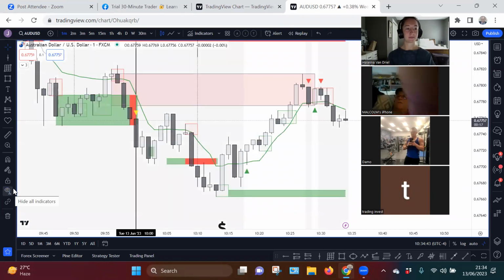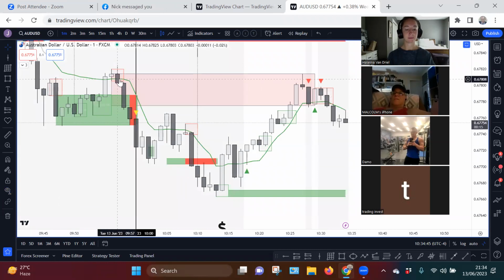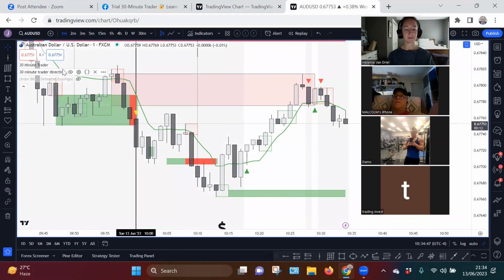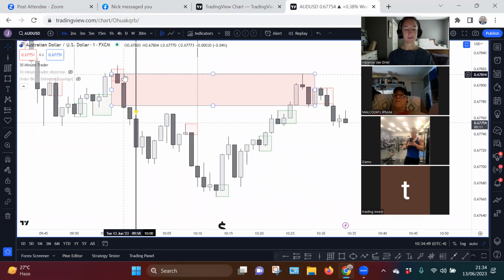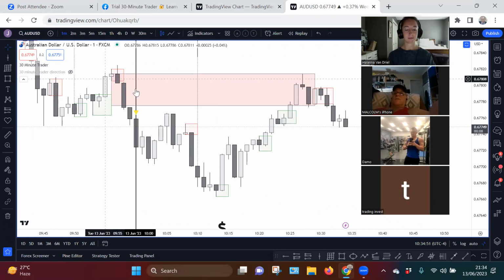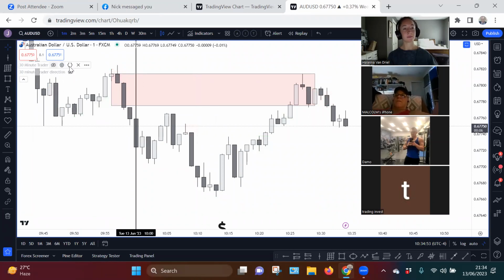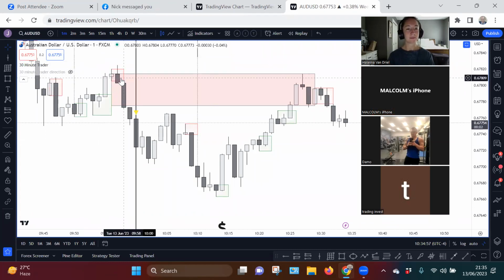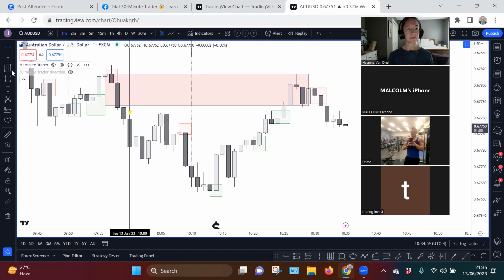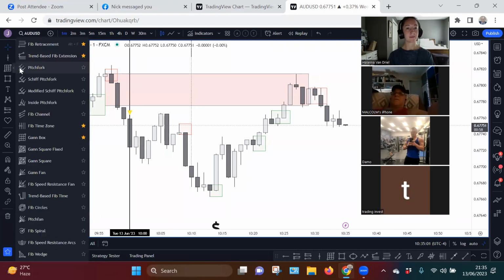So I've switched that back on. You see right there, my stabilizer. I don't actually need that, I'll hide it again. That candle, my software does it, and I teach people to do this.